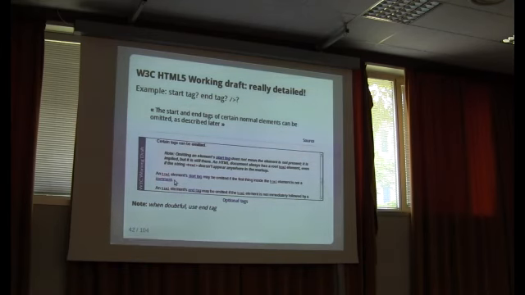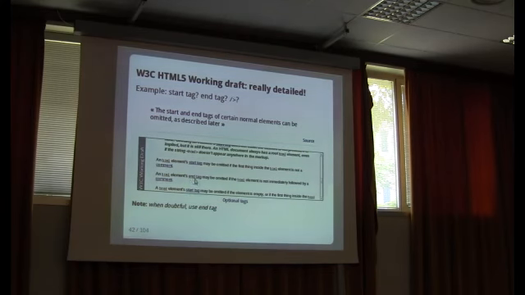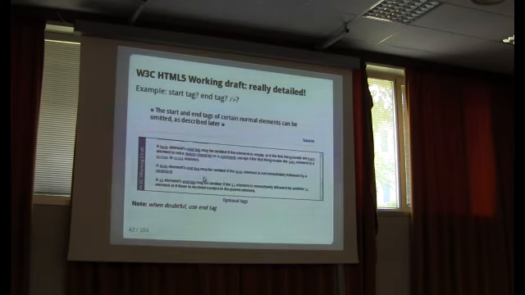Comment, as you can see, is a link. That means in another part of the specification they say exactly what a comment is. Or another case, an html element end tag may be omitted if the html element is not immediately followed by a comment, and so on. And there is a long list of cases.